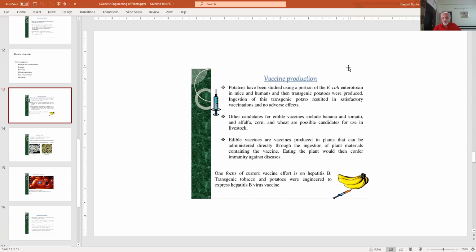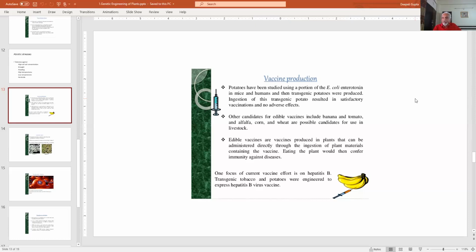So when transgenic biology became a success story, people thought, why not make these vaccines in edible parts of the plant, so that they can be grown in the field like any other crop plant, and when it is eaten, it is easy to transport from one place to another and also easy to administer.